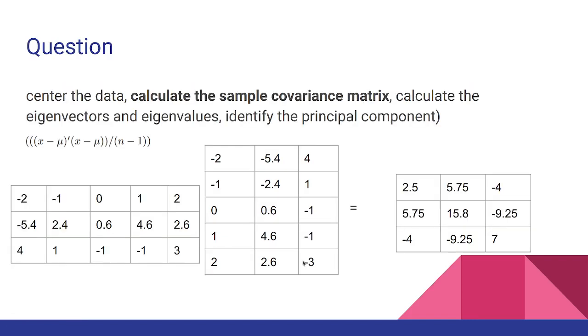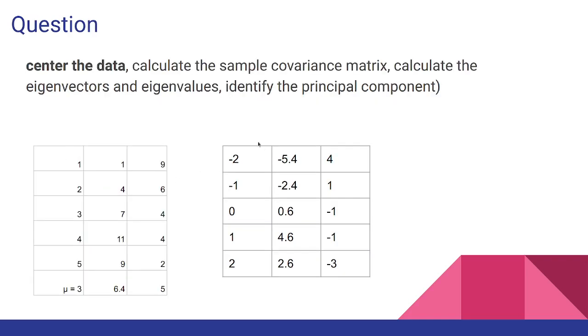Then we have to find the sample covariance matrix. The formula to calculate it is x minus mu prime, which is basically the transpose, multiplied by x minus mu, divided by n minus 1. Let's find x minus mu. We have already subtracted mu, so this one is now x minus mu.